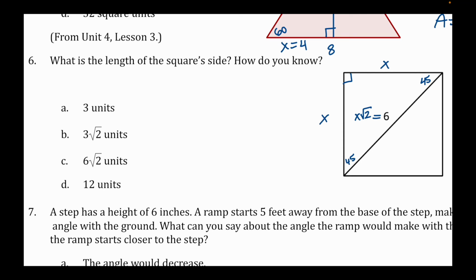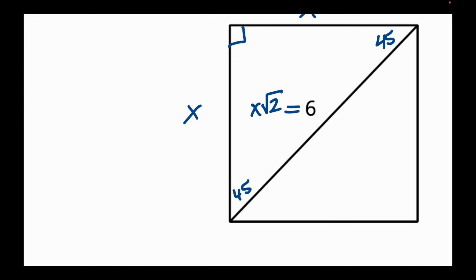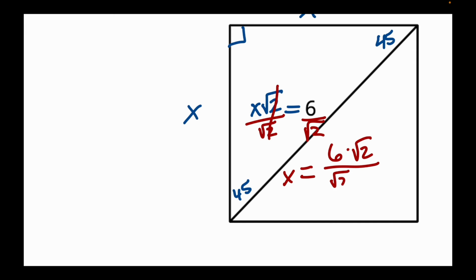And how do I know? Well, it's an isosceles right triangle, but I'm going to use this to find the side length. And since we're doing the same operations every time, in order to solve for x by dividing by square root of 2, we actually reach a pattern, which is that we have to take that number and multiply it by square root 2 on the top and the bottom.